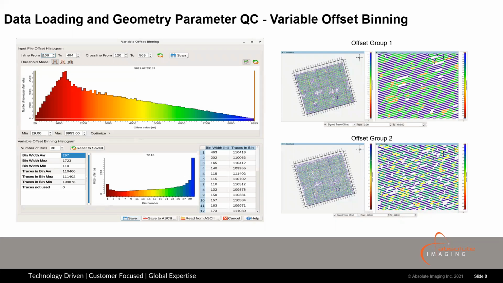Also we are making sure that we are choosing correctly the offset groups that we're dealing with. We can create the maps and look at the lateral distribution of each group. If you see holes, obviously we would like to have as small a number of holes as possible, to cover all bins across the survey.